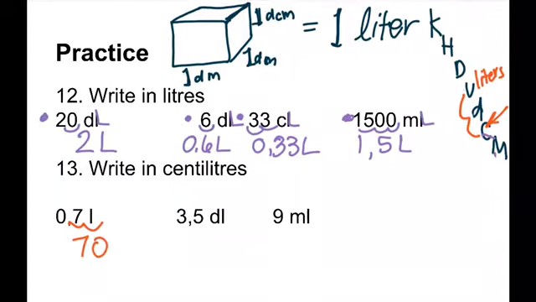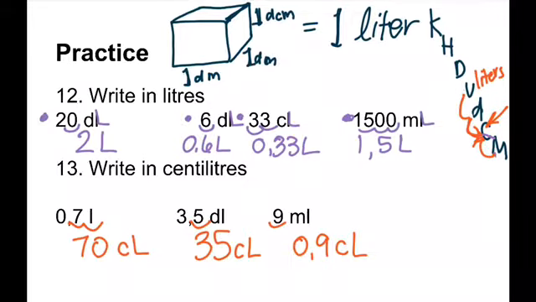So that's 70 centiliters. 3.5 deciliters, so that moves over once. So that's 35 centiliters. And then going the other way with the milliliters, we move it this way, so it'd be 0.9 centiliters. Awesome.